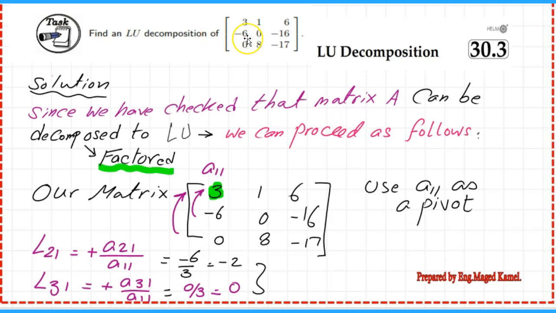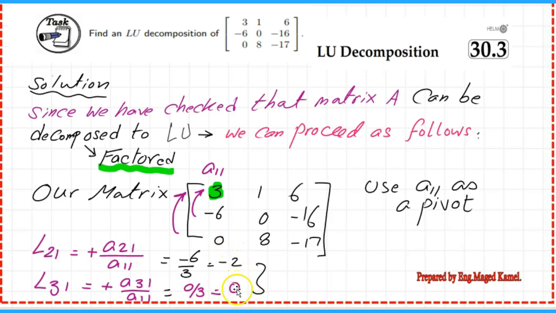This gives us the second element in the first column. We call it L sub 21, minus 2. We divide A31 over A11. This gives us the value of L31. L31 equals A31 divided by A11, which is 0 over 3, which is 0.